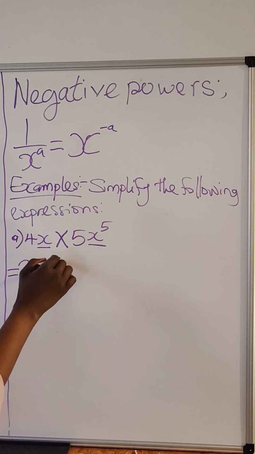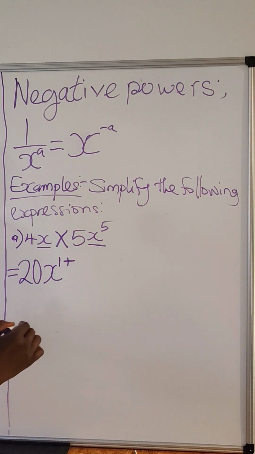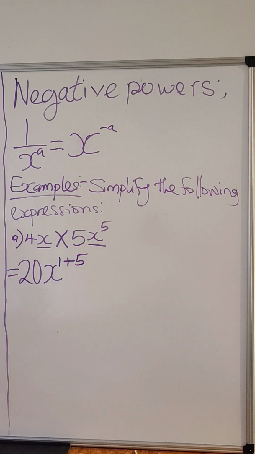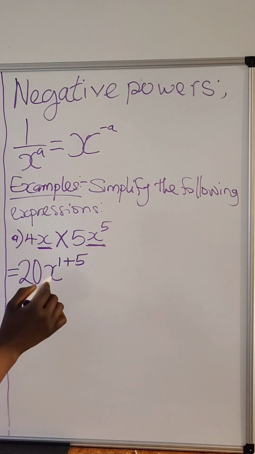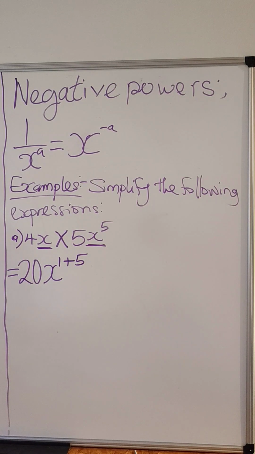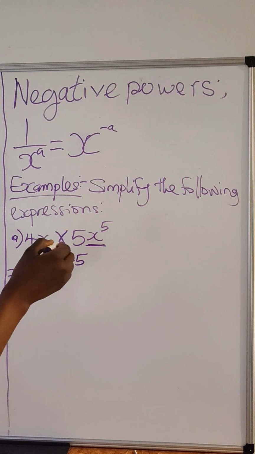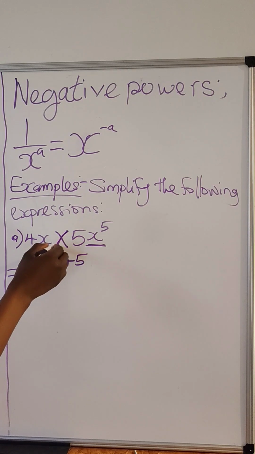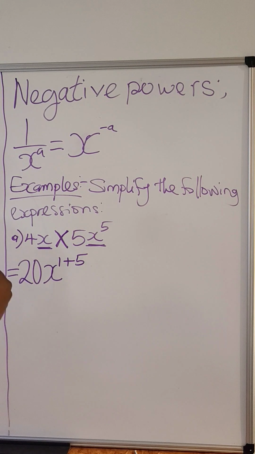So this is 1 plus 5. Since this x as base is an equal base, we're going to add the powers because the operation in between the expression is multiplication.